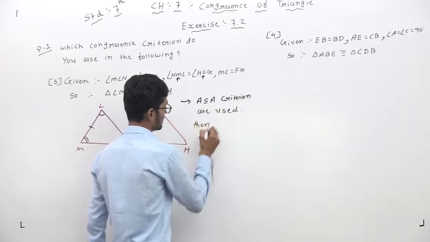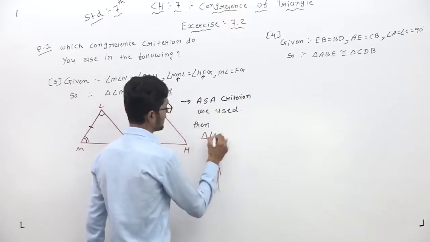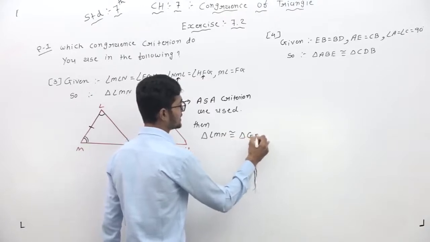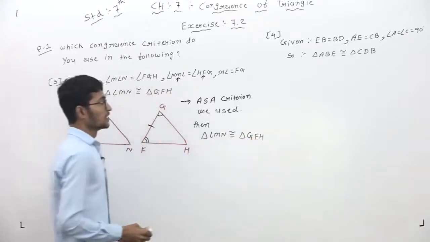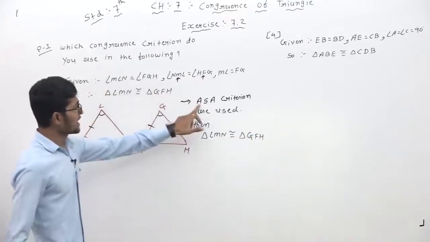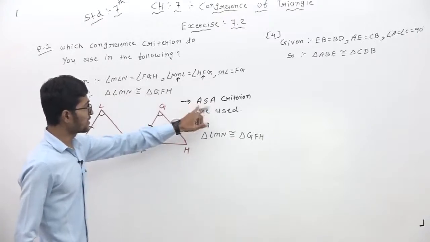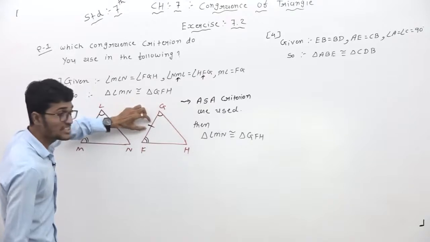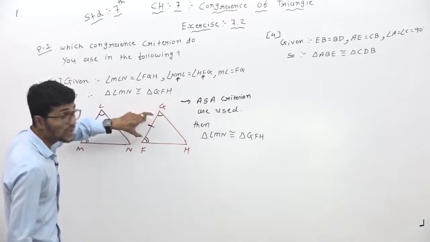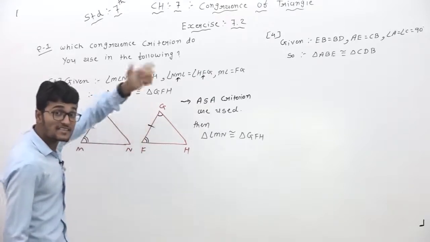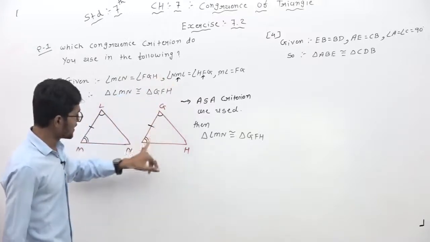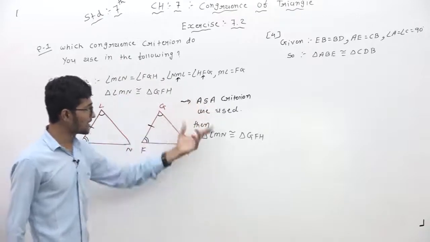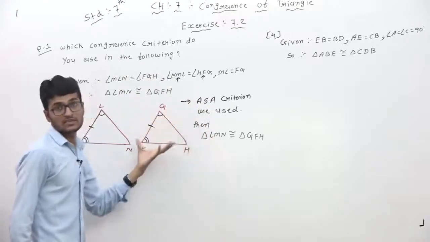Then triangle LMN is congruent to triangle GFH. ASA means angle, side, angle, and this side is the included side of these two angles. Understand? The ASA, angle-side-angle criterion is used in this question.